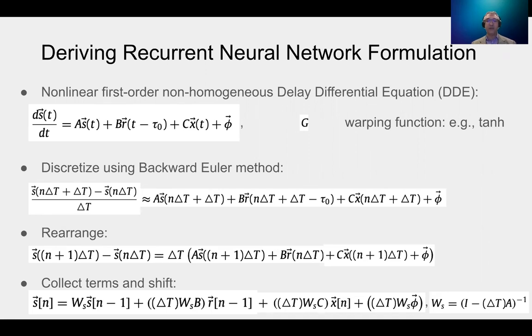The advantage of having the warping function with a squashing characteristic is that if the overall system is stable, then the state signal will be bounded.